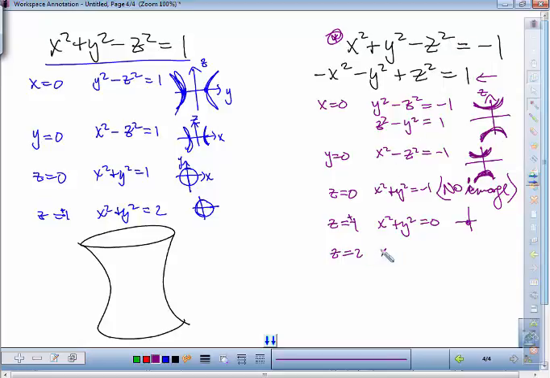I'm going to get x squared plus y squared minus 4. Bring the 4 over to the other side. We're going to get a 3. So now we're going to get a circle, radius, whatever, square root of 3.